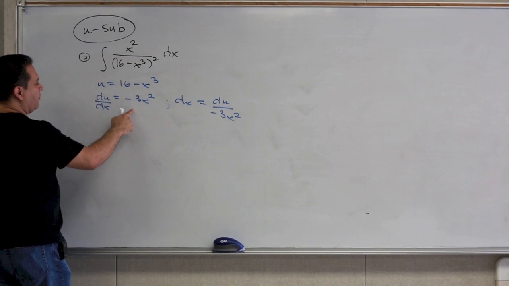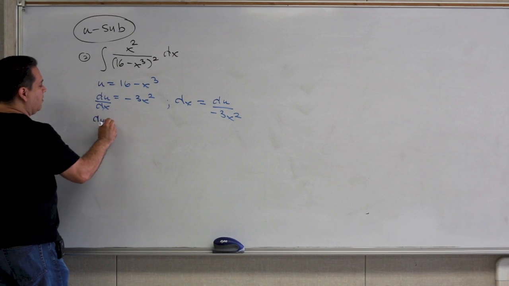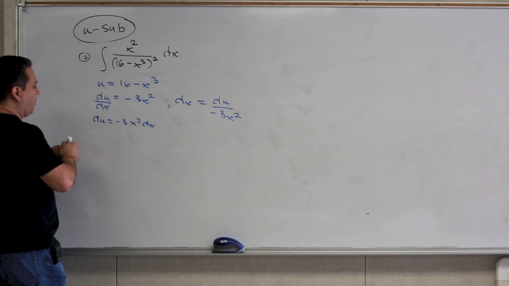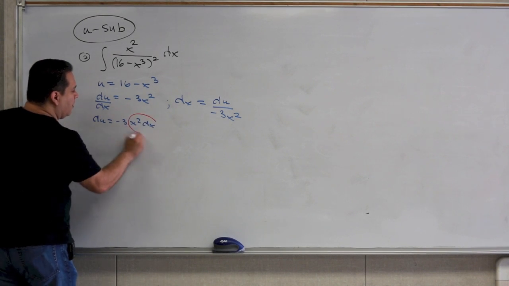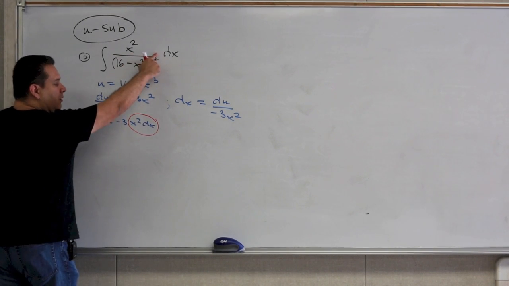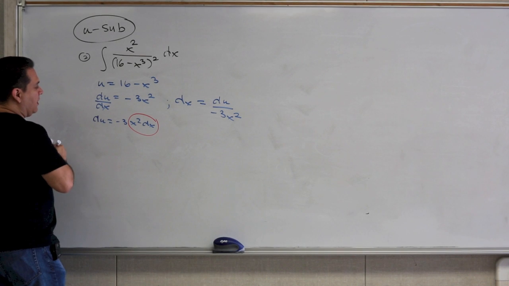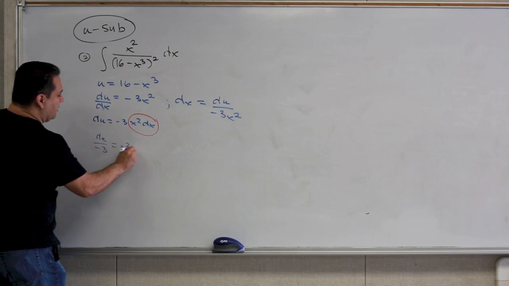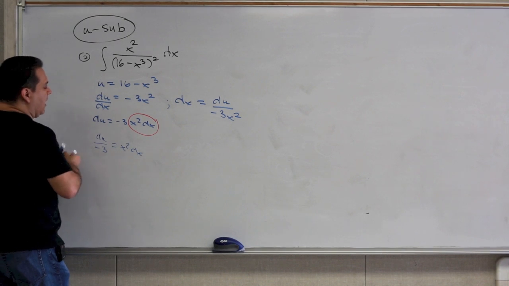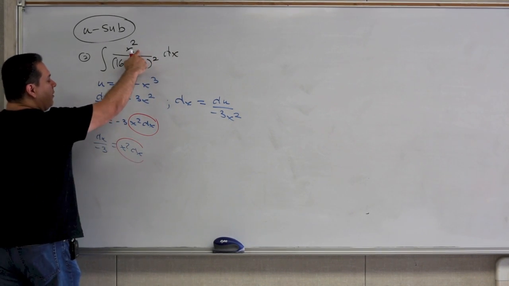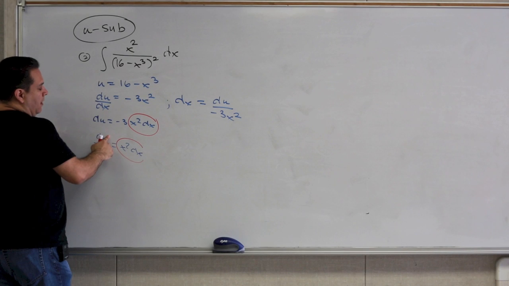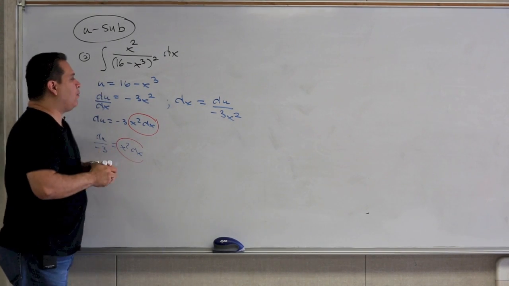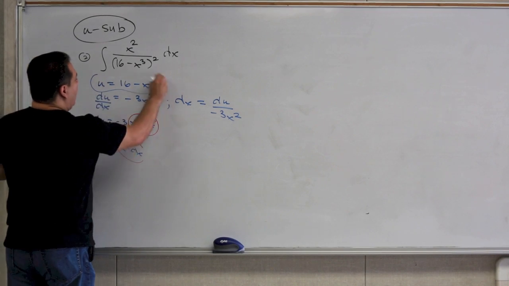You're saying du equals minus 3x squared dx, and you're recognizing that x squared dx appears up here. So you say du over negative 3 is x squared dx, and you could replace this x squared dx with du over negative 3. You could do that, and there's nothing wrong with that.